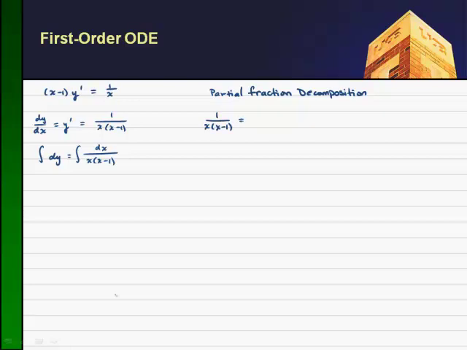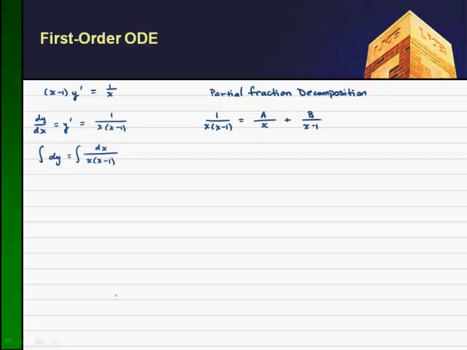into the two fractions that probably added to get the 1 over x times x minus 1. I'll break this up into a over x plus b over x minus 1, where a and b are just constants. Both of these factors in the denominator are linear terms, so I'll just put a constant above.